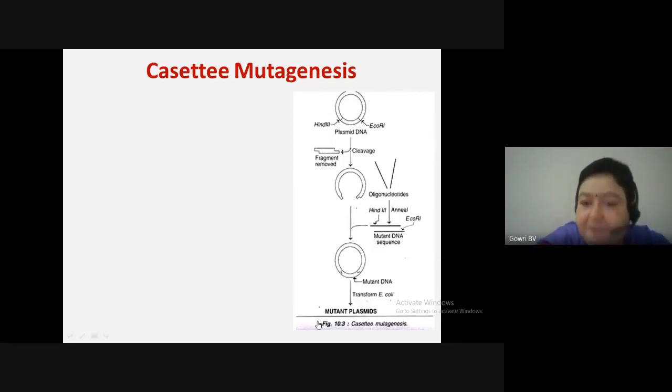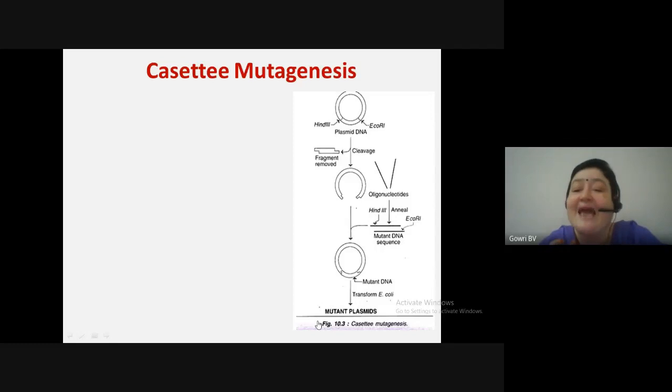So in the third picture, the third circle, you will have a complete circle, a double-stranded molecule with the mutated DNA. It is transformed into Escherichia coli, and the mutant plasmid, even though it replicates semi-conservatively, has the mutation in both strands, so the success rate is 100% to get a mutant type strain.